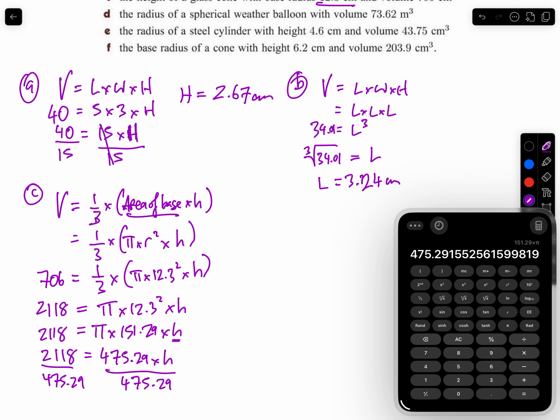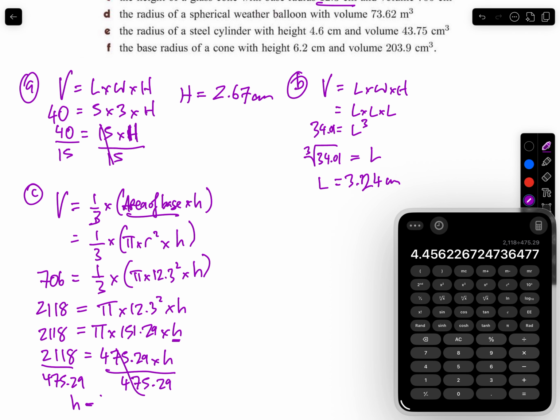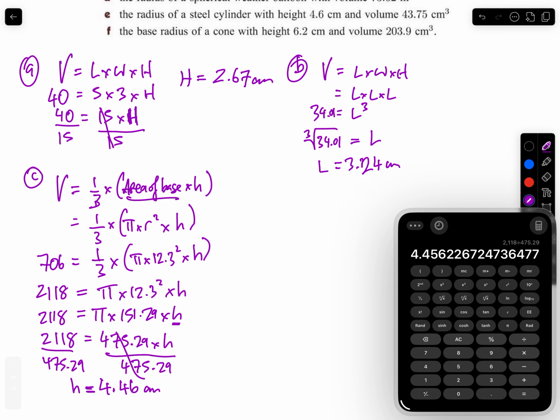That'll cancel out. 2118 divided by 475.29. So the height is going to be 4.46. Was that in centimetres? Cone, yep, centimetres.